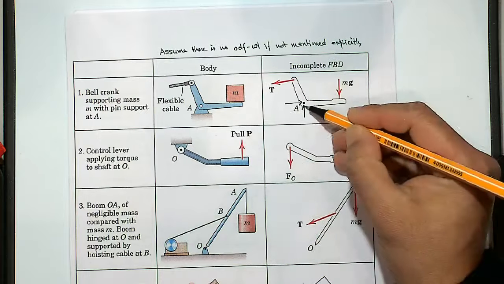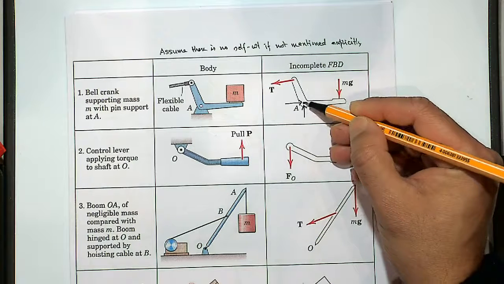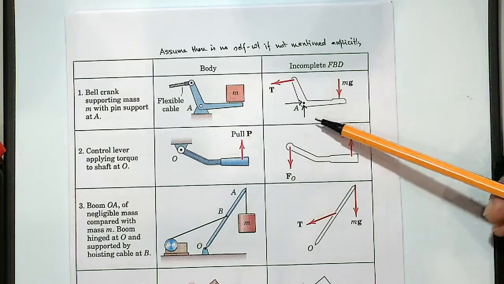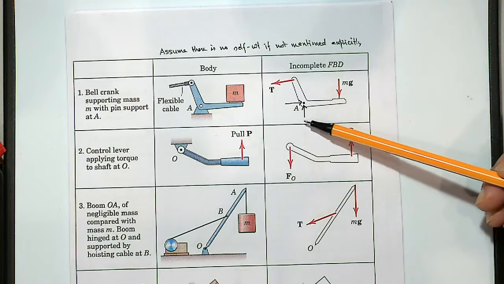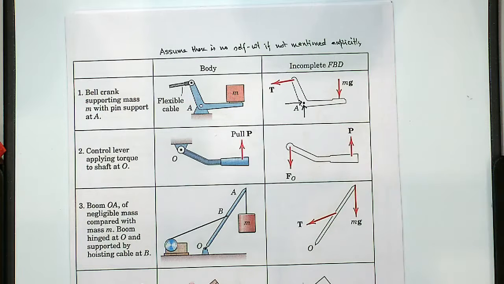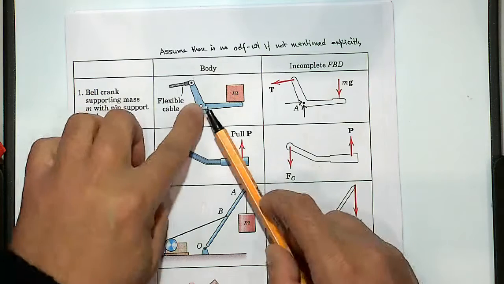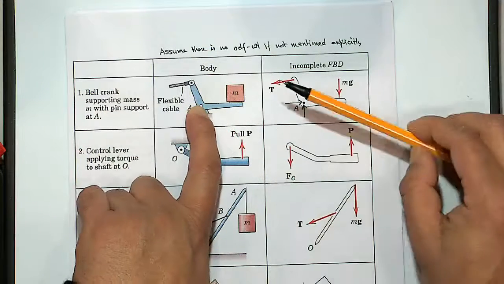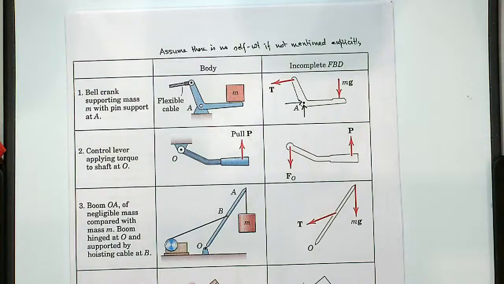For example, if you took the vertical direction going downward, then if you do summation of vertical forces equals 0, you'll see that the reaction force would come with a negative sign. That means you alter your direction. So the direction is not important, but what is important is to identify the possibility of the forces. Now this pin would let the crank freely rotate, so there would be no moment reaction.